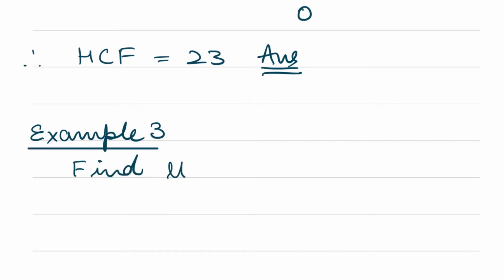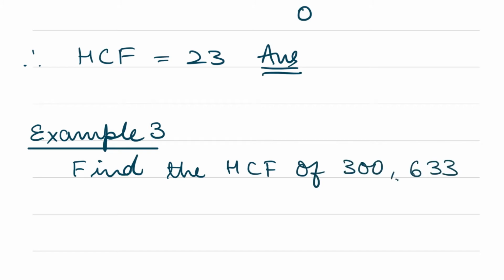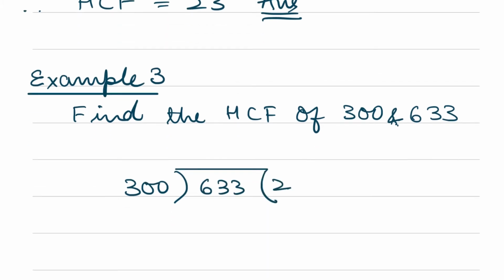Find the HCF of 300 and 633. We'll follow the same steps. The smaller number becomes the divisor, the larger number becomes the dividend, and we are going to divide. This goes 2 times, so we have 600 here.